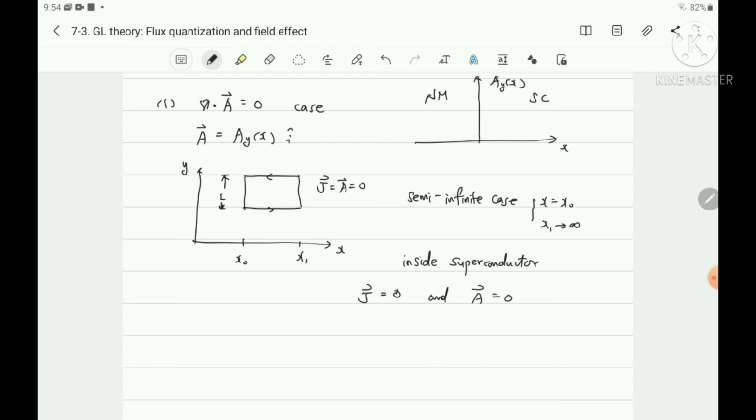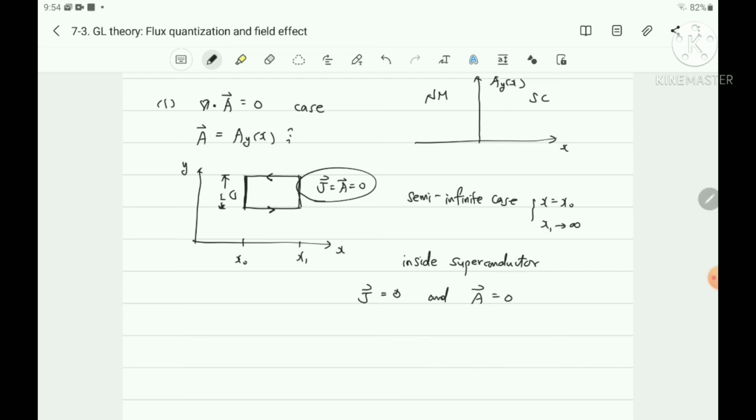Therefore, only this region should be considered, and this line and this line cancel with each other, and this term goes to 0 because the magnetic vector potential and also the carrier density equal 0 inside the superconductor.